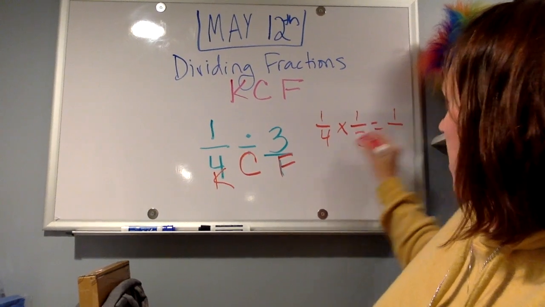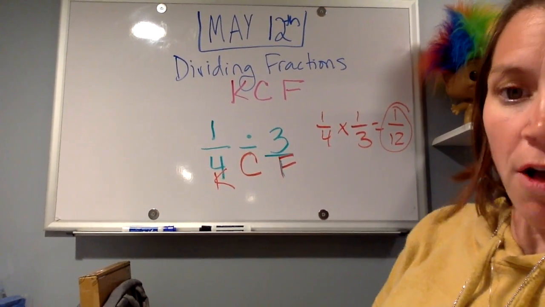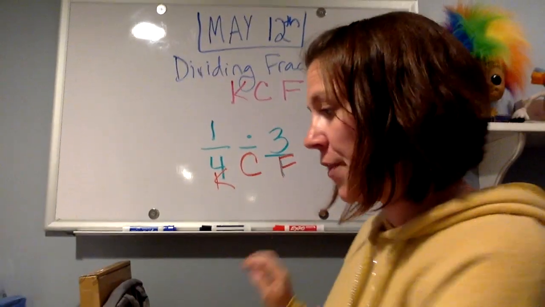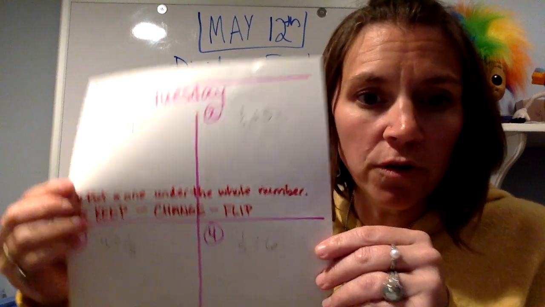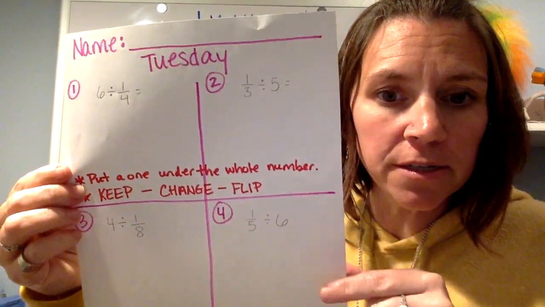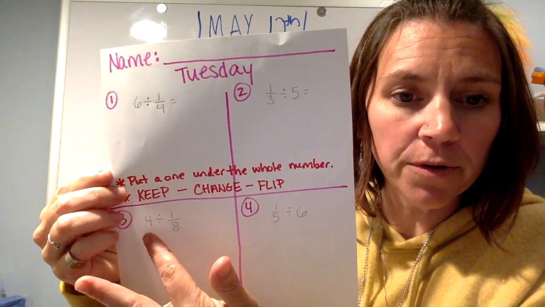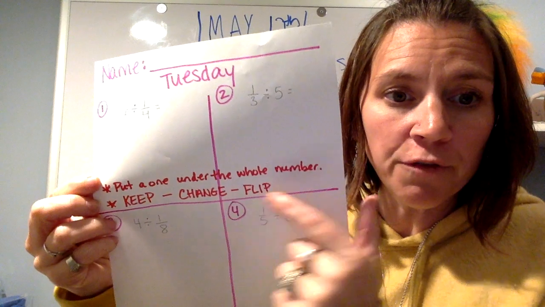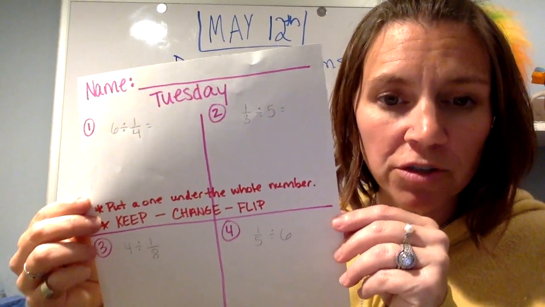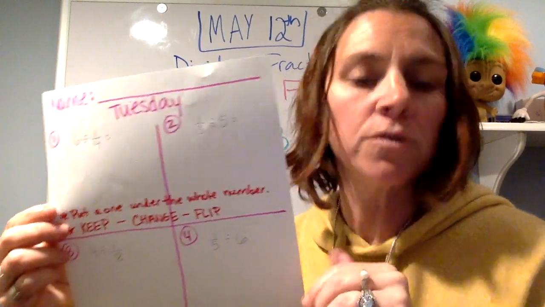Multiply 1 times 1, multiply 4 times 3, and I get 1 over 12, okay? So you guys have already done this in school. 4 questions. Stick the 1s underneath any of these whole numbers. Then I even wrote on the paper, keep it, change it, flip it. Keep the first, change the sign, flip the second. Multiply the tops, multiply the bottoms, okay?